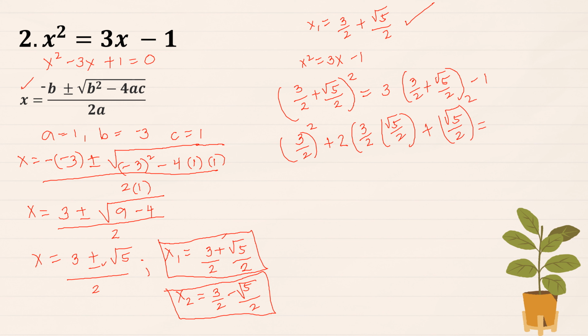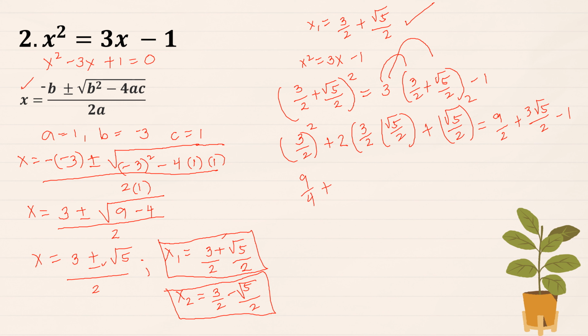On the right side, this will be distributed. This will be 9 halves plus this 3 will be multiplied to square root of 5 over 2, minus 1. So to further simplify, the 3 halves squared will be 9 over 4.